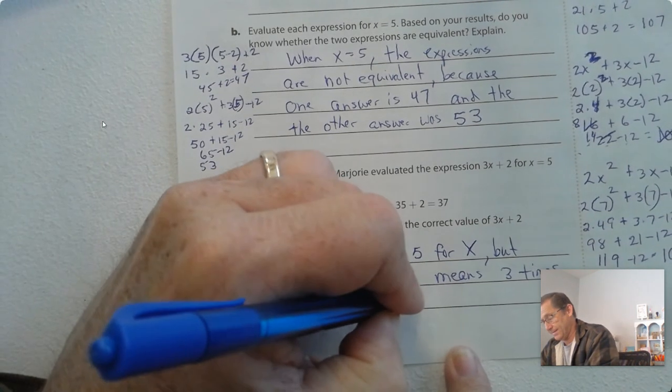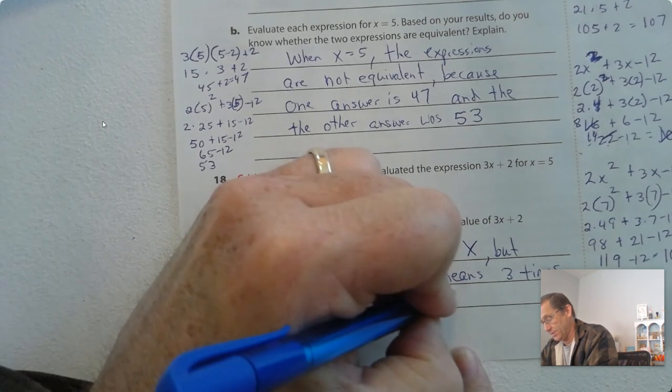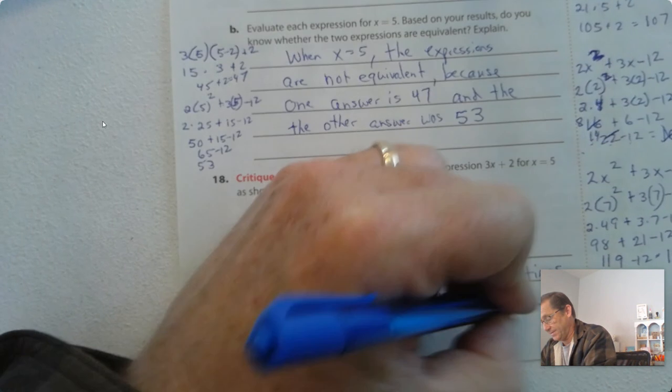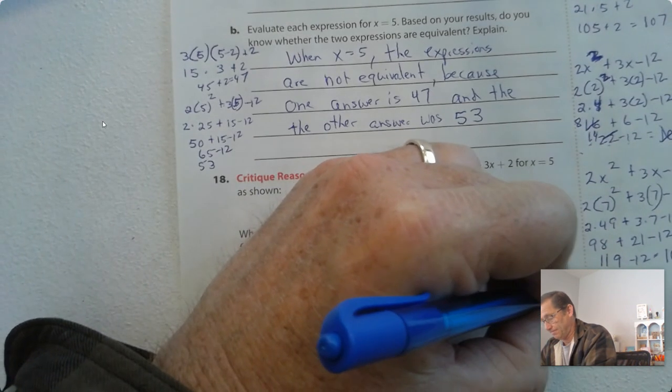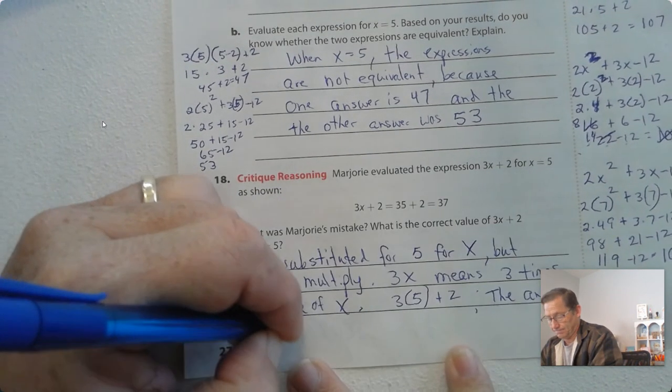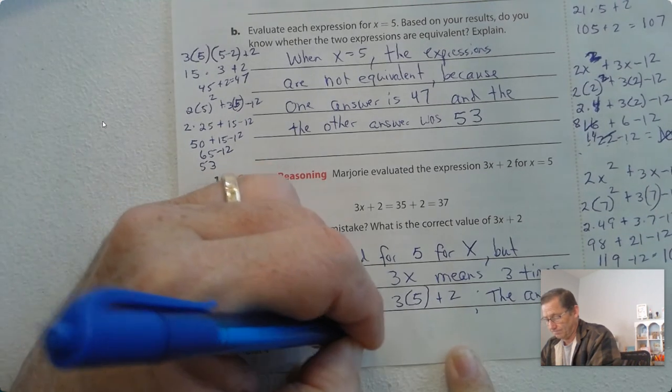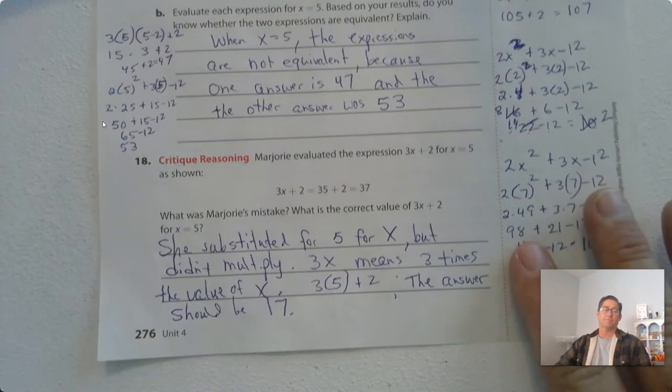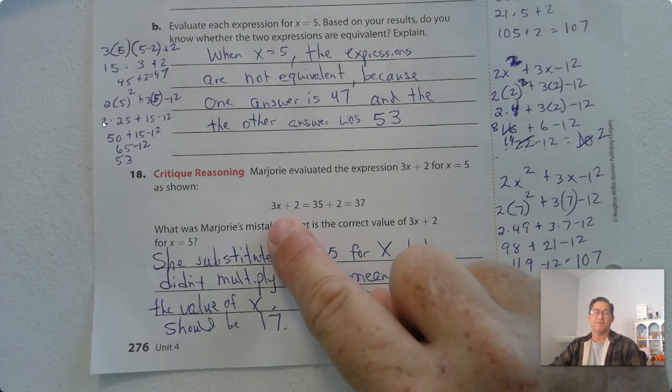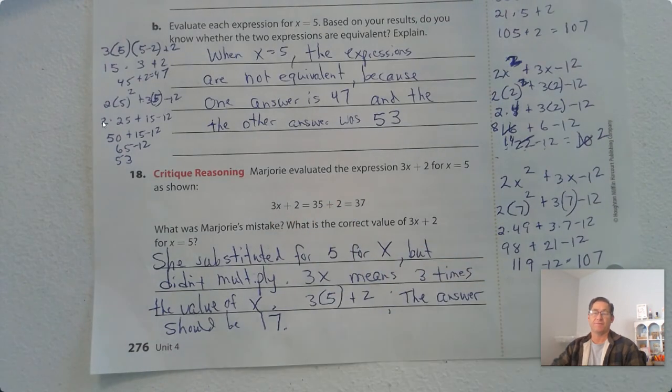So 3 times 5 plus 2, the answer should be 17. Okay, so all she did was put the 5 next to the 3, and now she's got 35 plus 2. So that's not right.